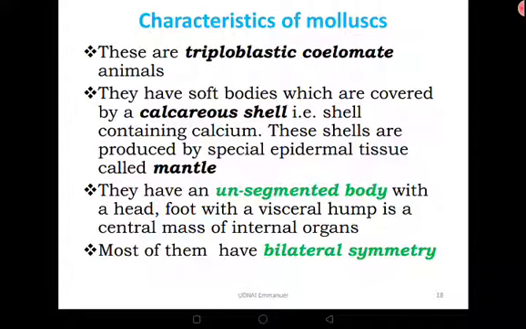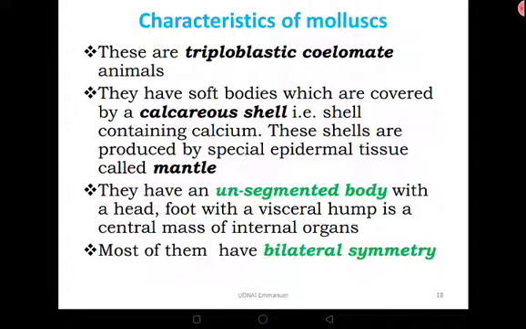Yes, they have a foot, usually ventrally located and used for locomotion. And then they have a hump where usually the shell is attached, if they have it. Most have bilateral body symmetry.